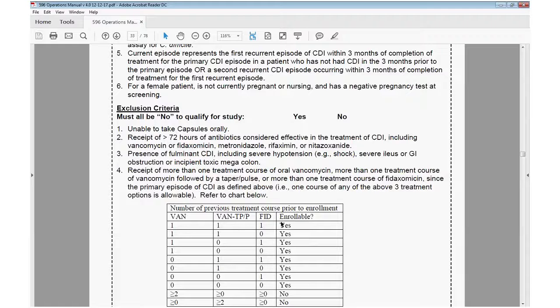Receipt of 72 hours or greater of antibiotics considered effective for the treatment of CDI, including vancomycin, fidaxomicin, metronidazole, rifaximin, or nitazoxanide. As long as you are getting to the patients immediately, as soon as you discover them, this should not be an issue.